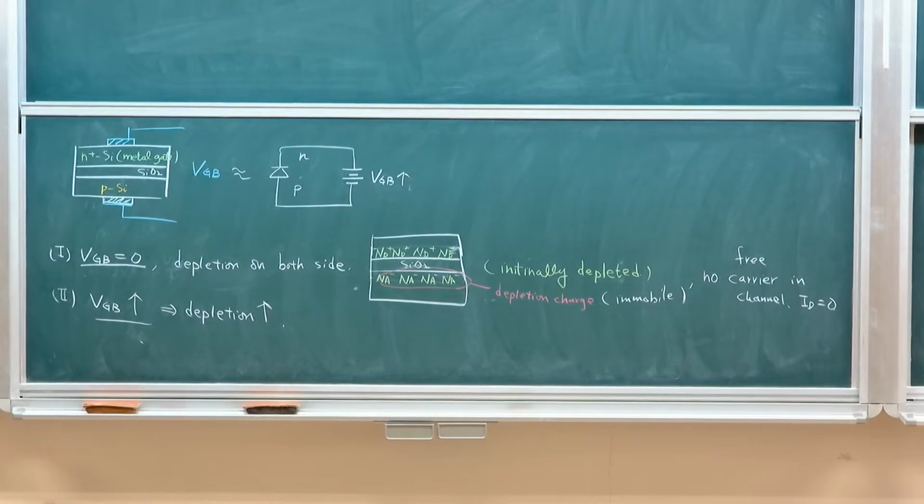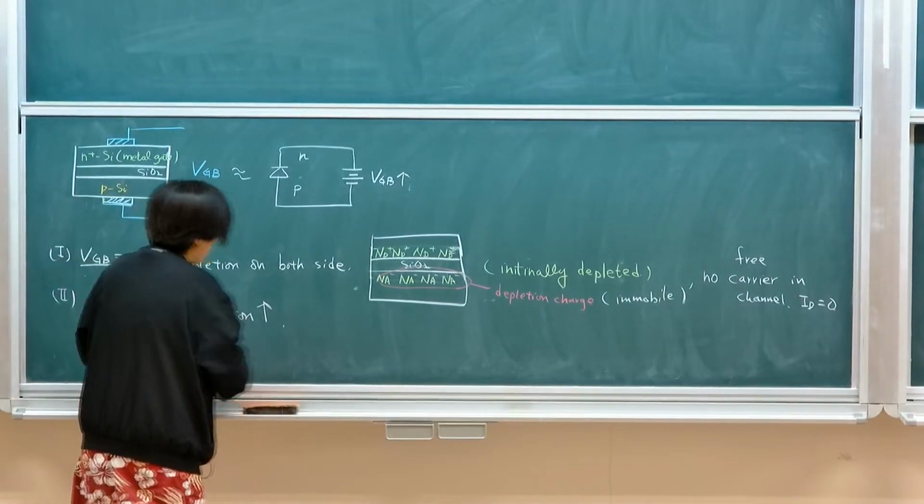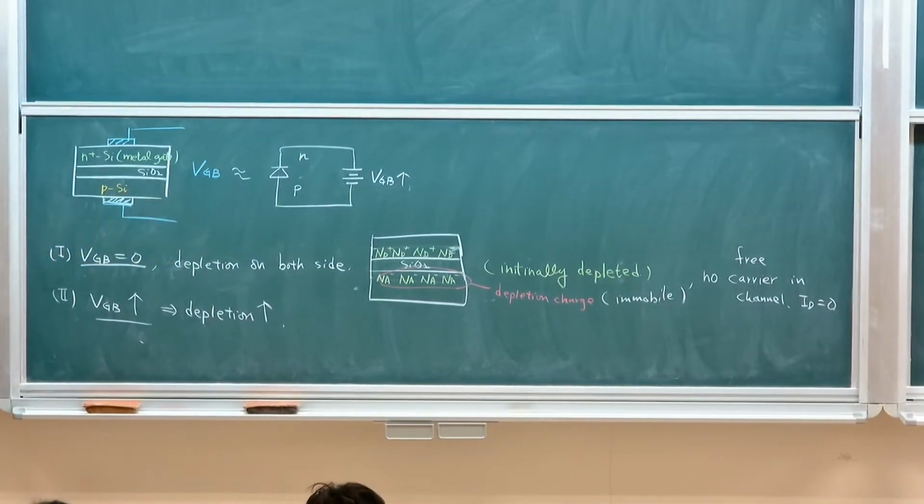At some point, when you deplete to a certain level... When we talk about the depletion approximation, one way of assuming it is that both electrons and holes are depleted, meaning the free carriers n equals p equals 0.